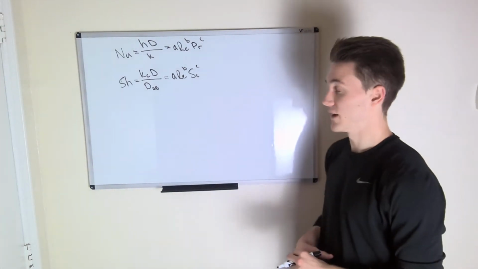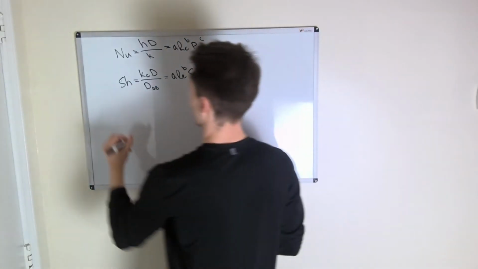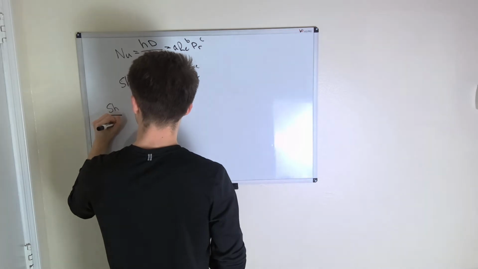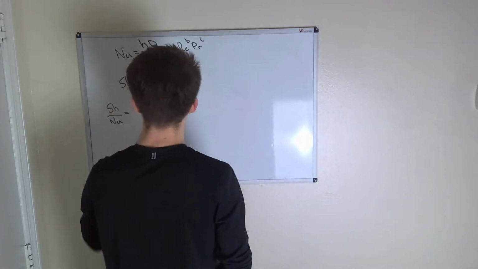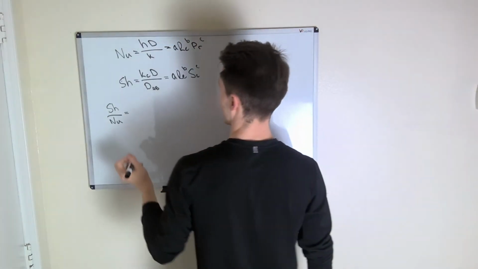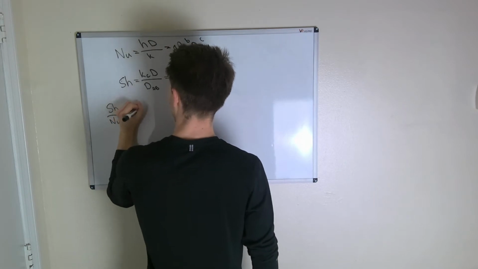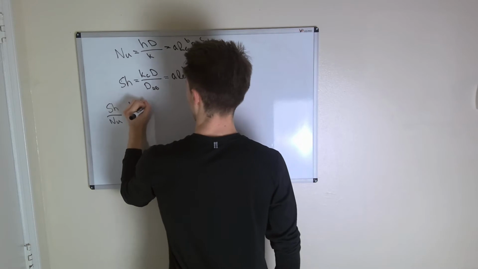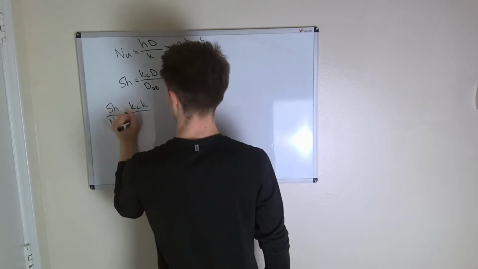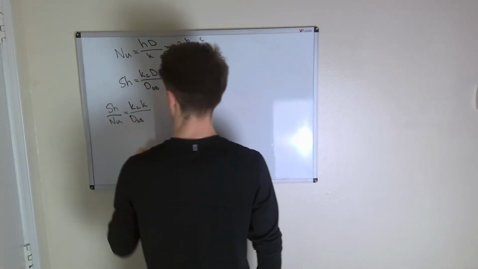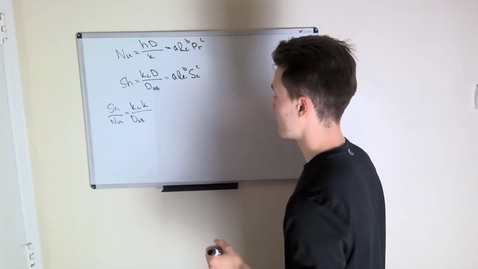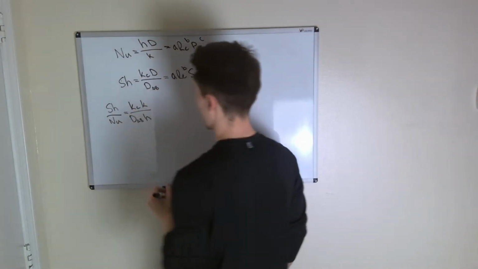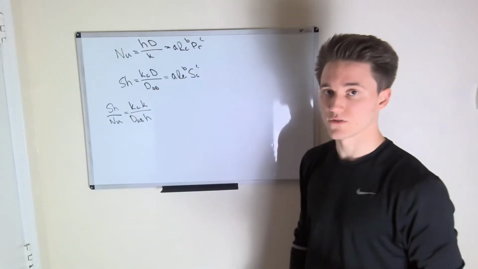So next we divide the Sherwood by the Nusselt number. And that gives us our mass transfer coefficient multiplied by thermal conductivity over our diffusion coefficient multiplied by our heat transfer coefficient.